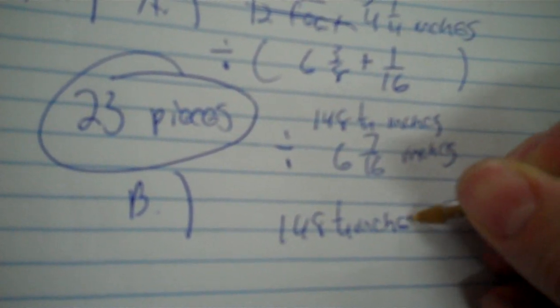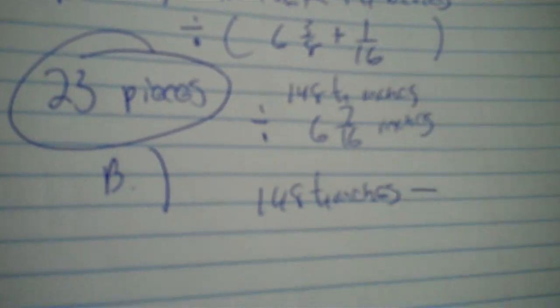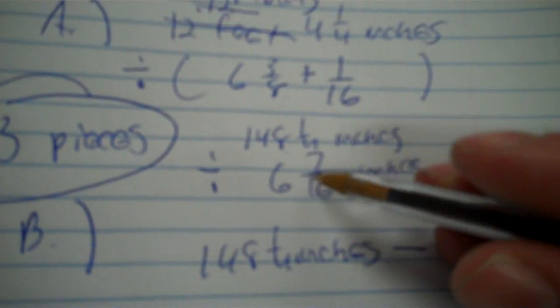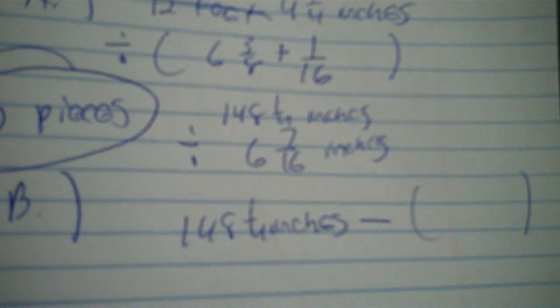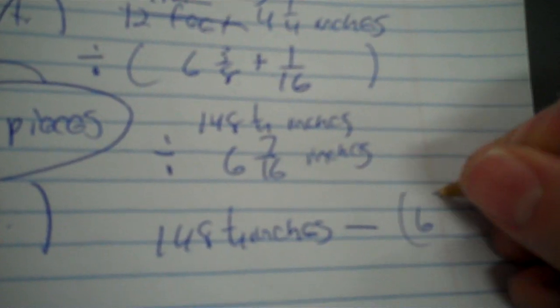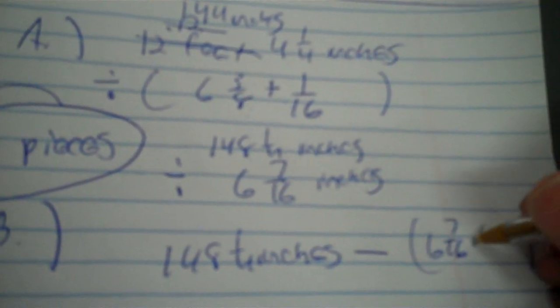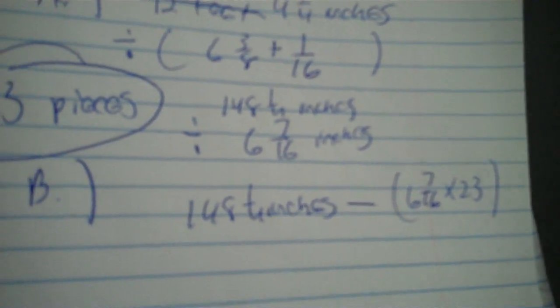What'd you start with? You started with 148 1/4 inches, okay? Minus, okay, obviously to figure out the leftover, minus 6 7/16, because remember you got to include after you've added the waste, and you have just cut 23 of those, so times 23, okay?